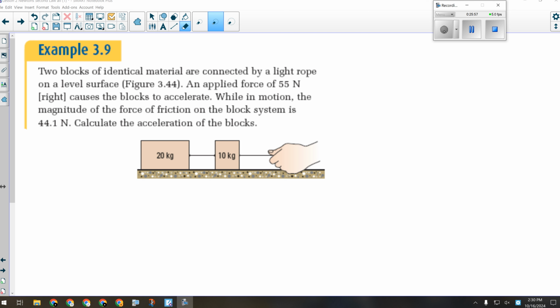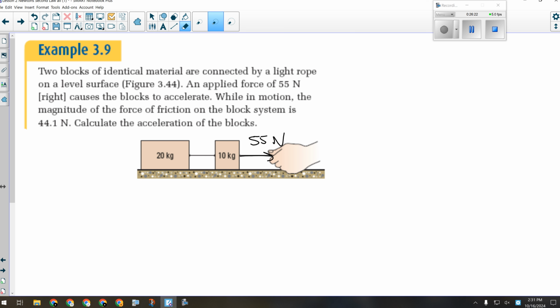So right now, they tell us that the force here is 55 newtons. And they tell us that the force of friction on the block system is 44.1 newtons. Can I simplify that diagram? How would I do it? Exactly.